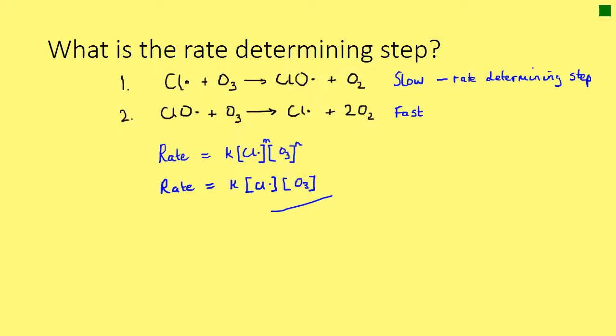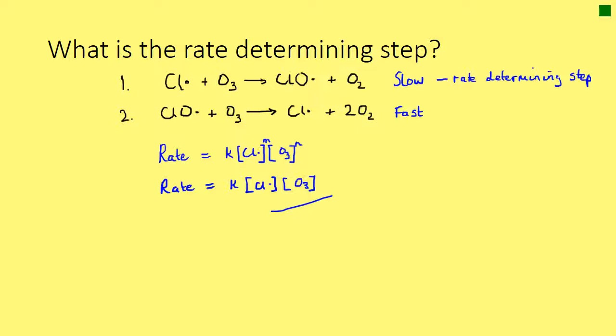Now, we only include the slow or rate determining step. So the reactants in that step are the chlorine free radical, so we need the concentration of the chlorine free radicals and the concentration of ozone. But we don't know what orders they are yet, so let's just list them as m and n.